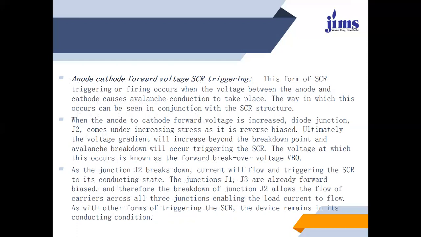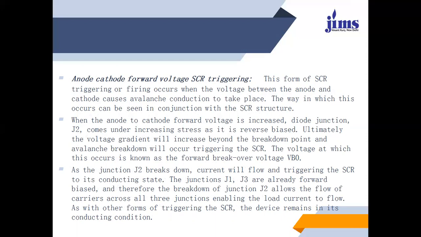This form of SCR triggering or firing occurs when the voltage between the anode and cathode causes avalanche conduction to take place. The way in which this occurs can be seen in conjunction with the SCR structure. When the anode to cathode forward voltage is increased, diode junction J2 comes under increasing stress as it is reverse biased.